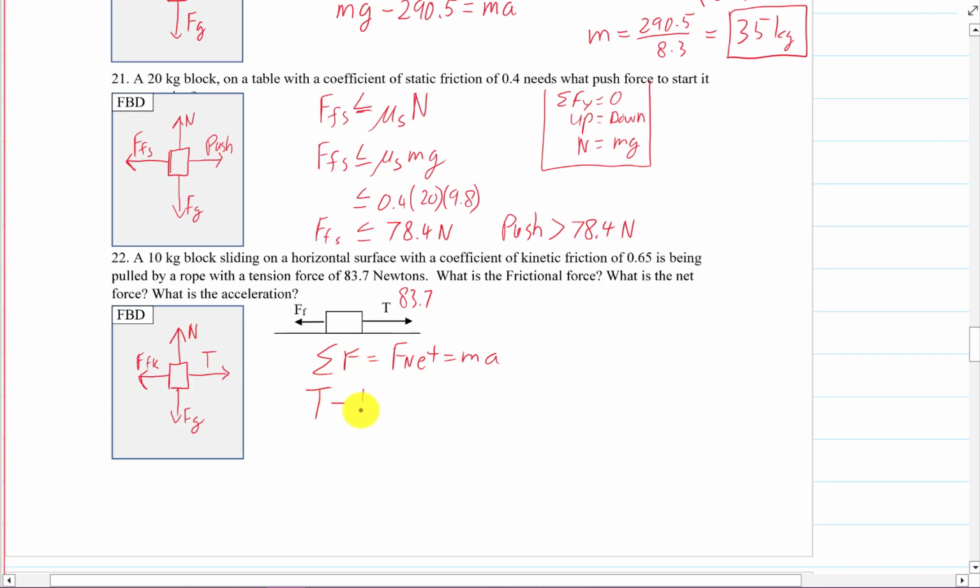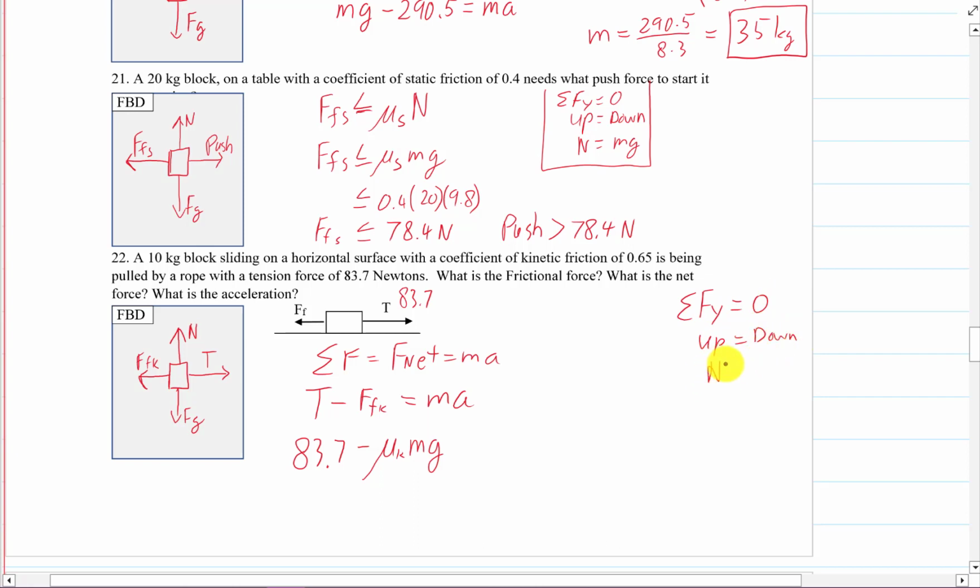Tension minus the force of friction, kinetic, is equal to ma. I'm going to assume tension's winning. So this is going to be 83.7, and it's going to be a minus mu kinetic, and it's just mg. Why? Because it's on a flat surface, and the sum of the forces in the y have to equal 0. So the up equals the down.